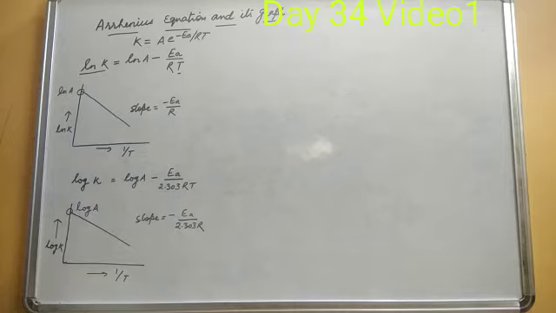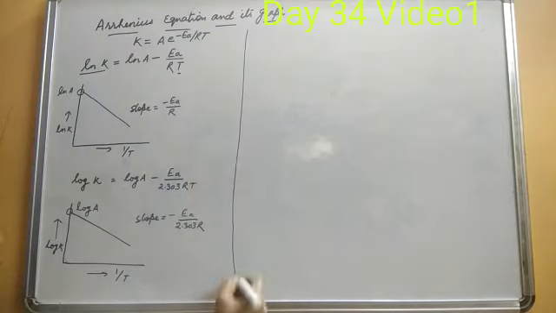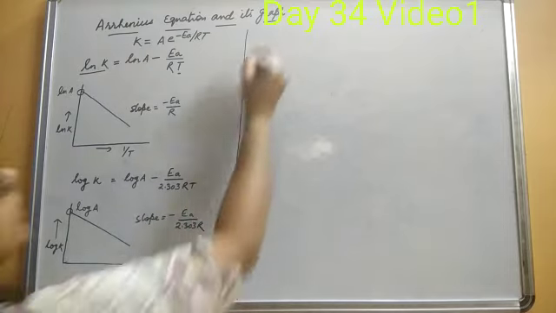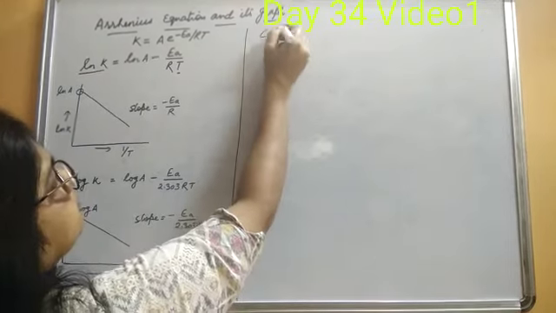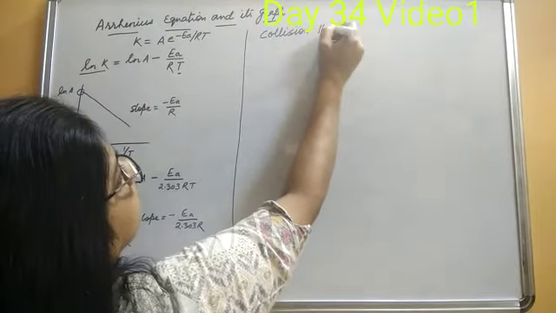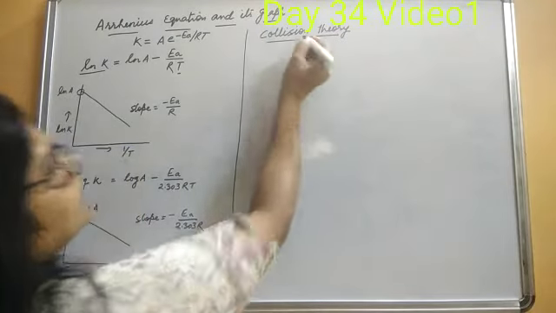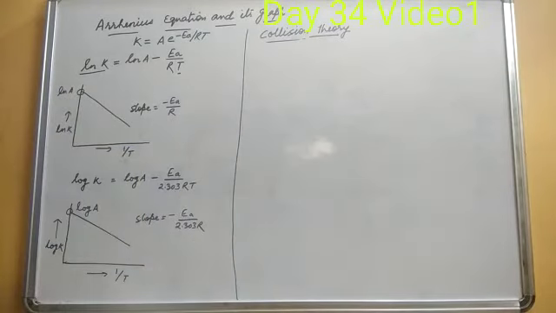Now the next topic, after the Arrhenius equation, is collision theory for rates of reactions. To understand the rate of the reaction, this theory was derived.